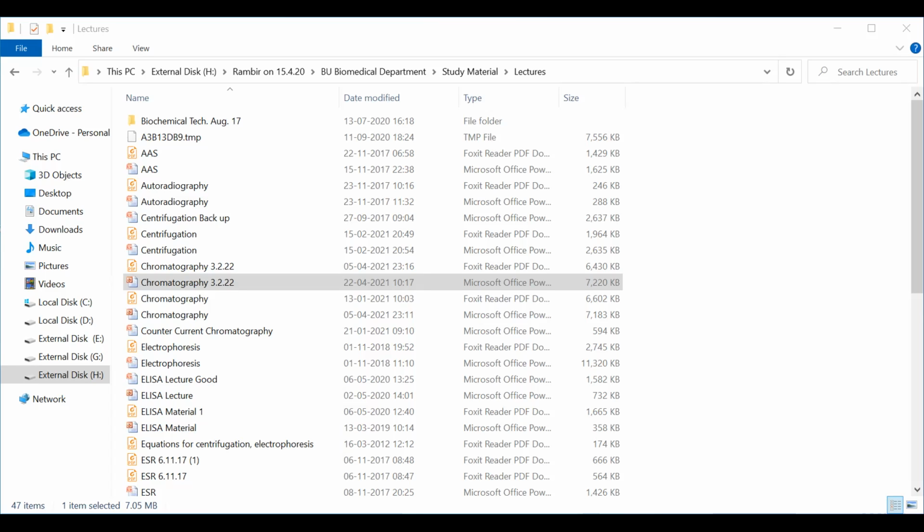Two we have just discussed: liquid as a mobile phase and gas as a mobile phase. The third one is called supercritical fluid chromatography, where the mobile phase is a supercritical fluid. It is a new technique introduced only a few years back, and it is widely used in certain applications we will discuss. So when we say liquid chromatography, what does it mean?